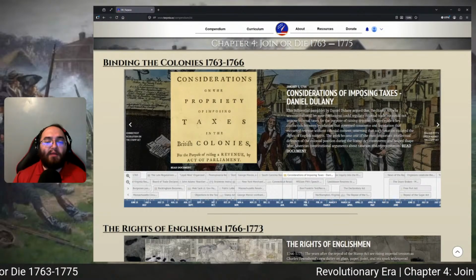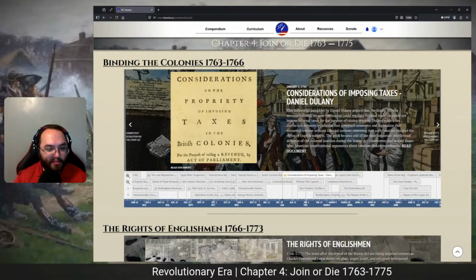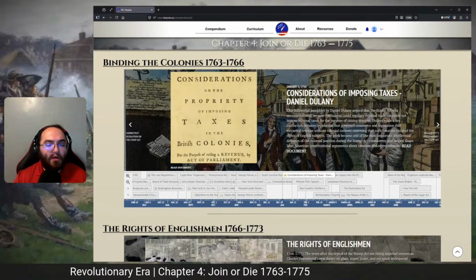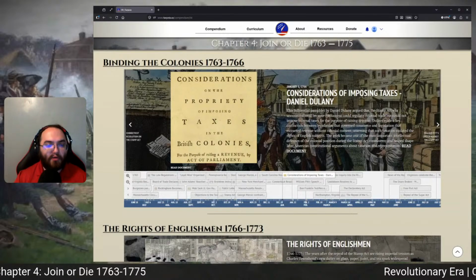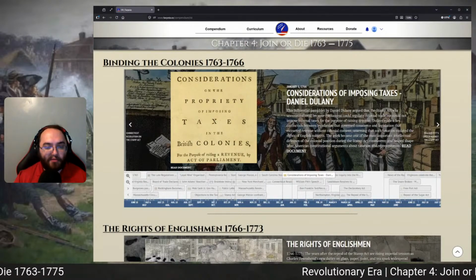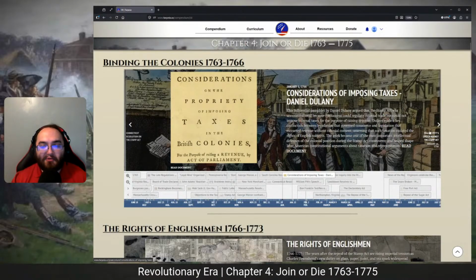So if you want a more complete legal and moral argument as to why representation was so important when it comes to taxation, then I would highly suggest you read this document by Daniel Dulany.